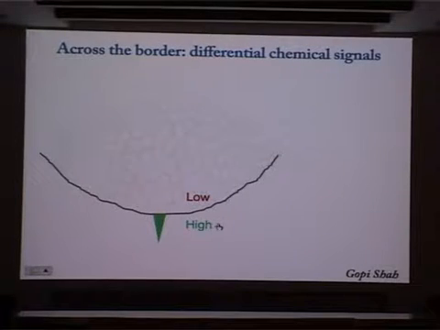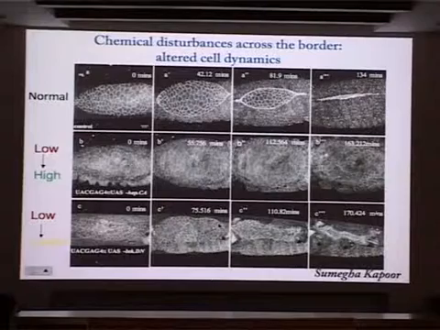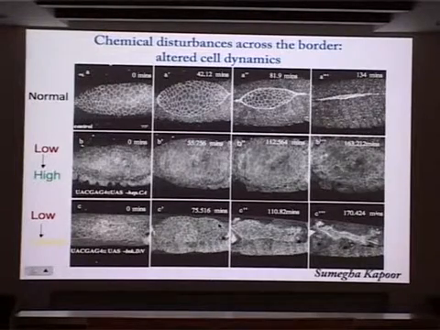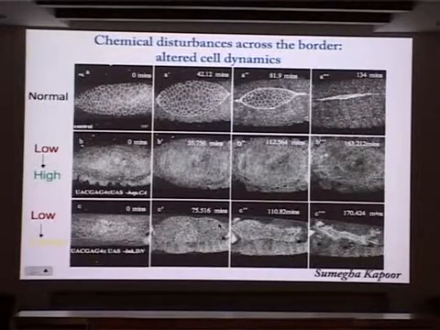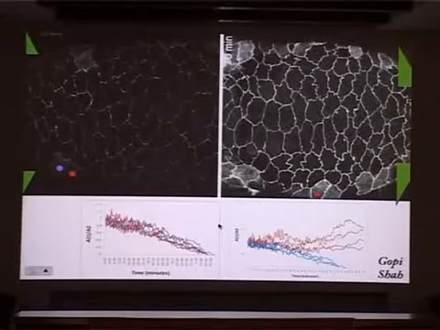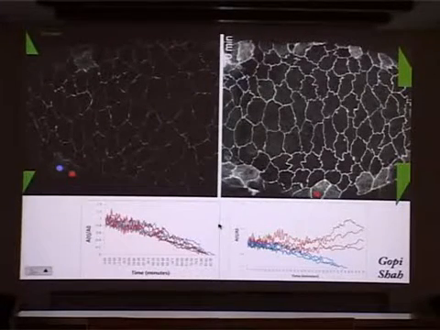But apart from the fact that there is a hybrid adhesive interface that these cells have, there are also known gradients of chemicals that are high on one side and low on the other side. And so one of the things we wanted to ask was whether these gradients actually influence the behavior of these cells.